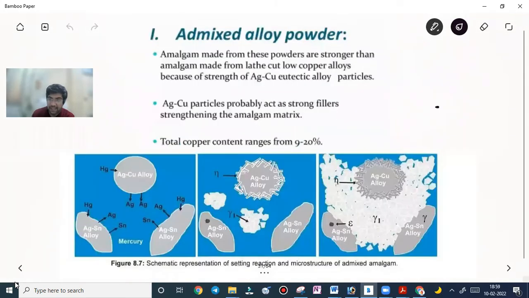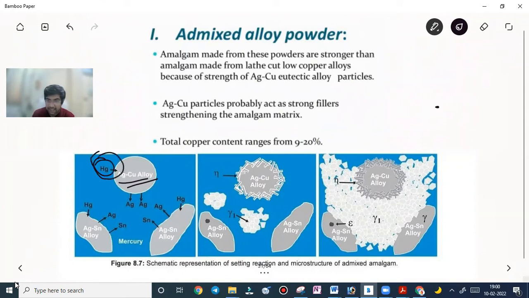Now let us discuss the reaction. The silver from the silver copper eutectic alloy particles, and both the silver and tin from the silver tin alloy particles, enter the mercury.